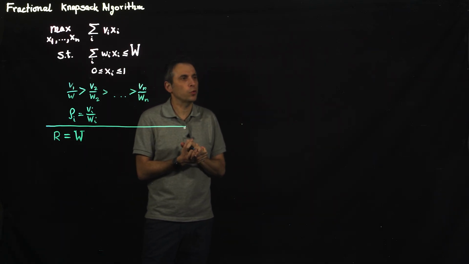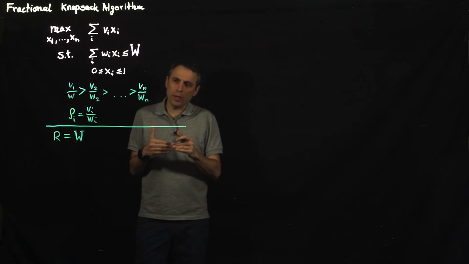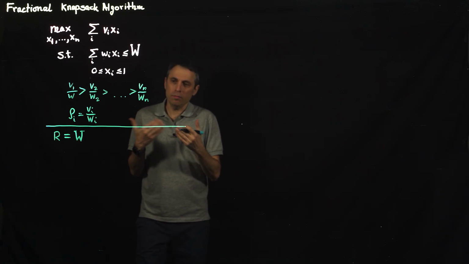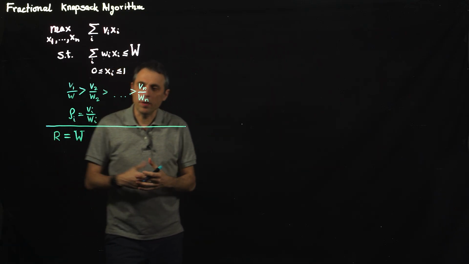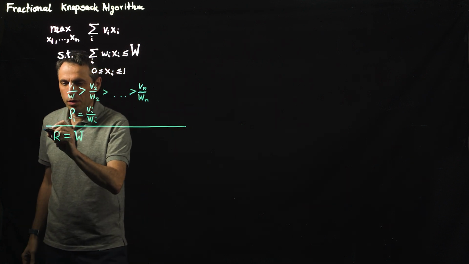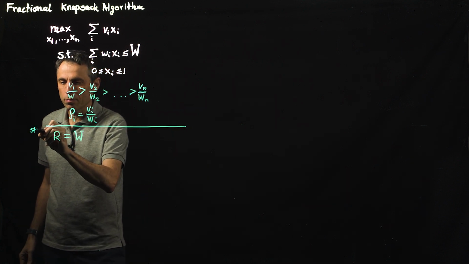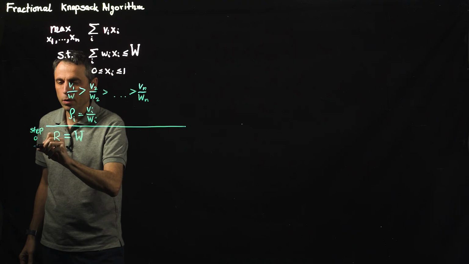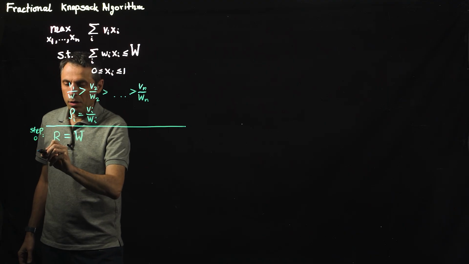R will be what remains to fill. We call this step 0, and then at each step i we proceed as follows.